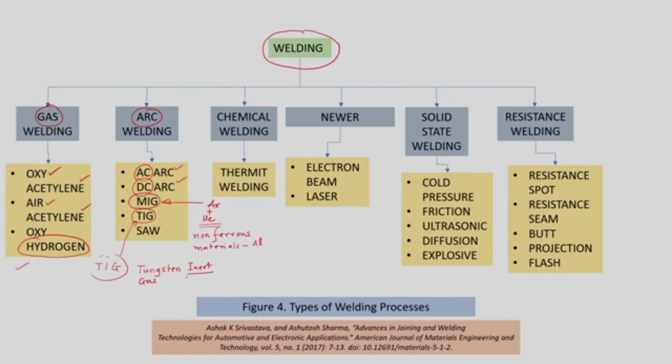In this case as well, we need to apply the inert gas, and the same argon plus helium can be utilized to carry out the arc welding using the tungsten filament.